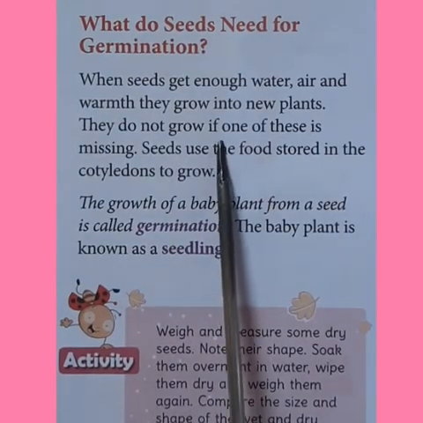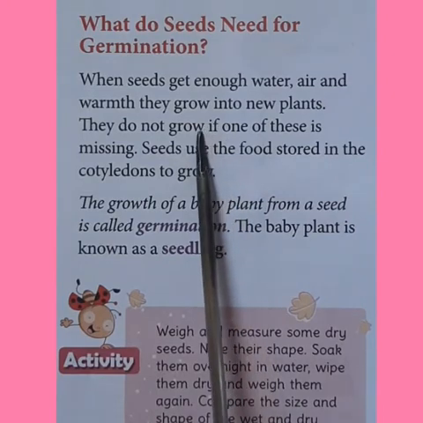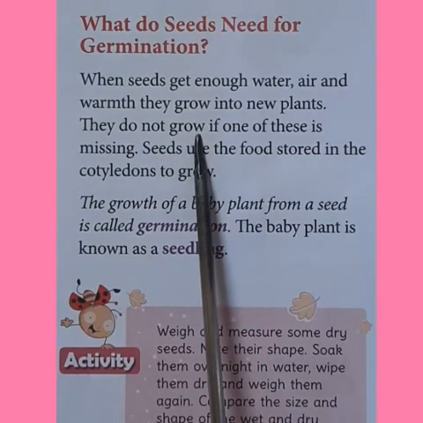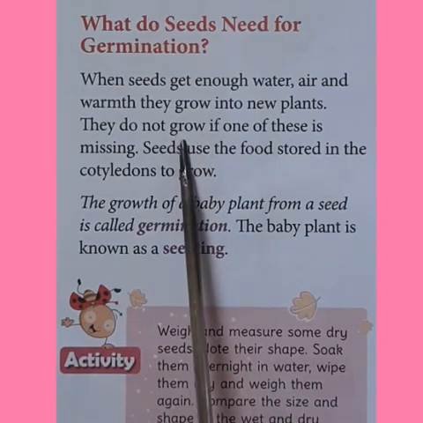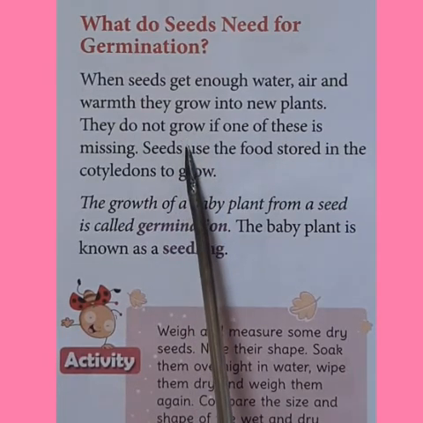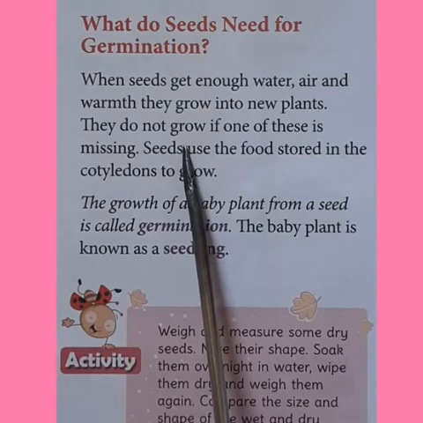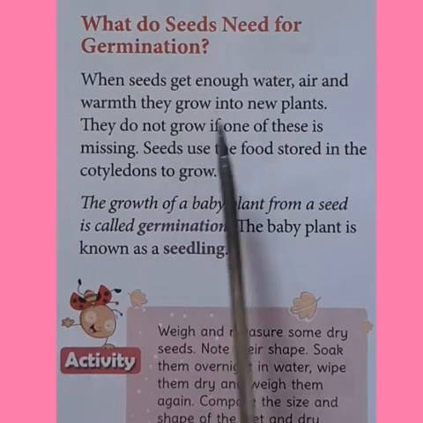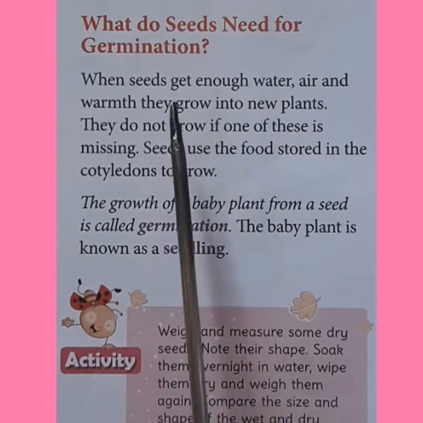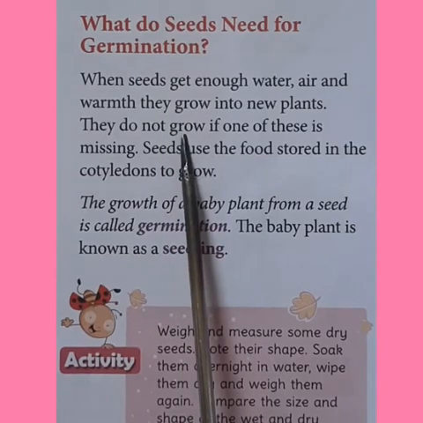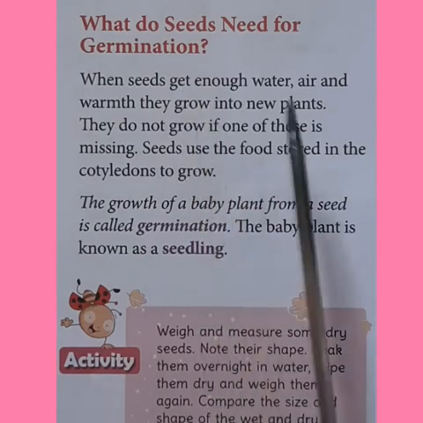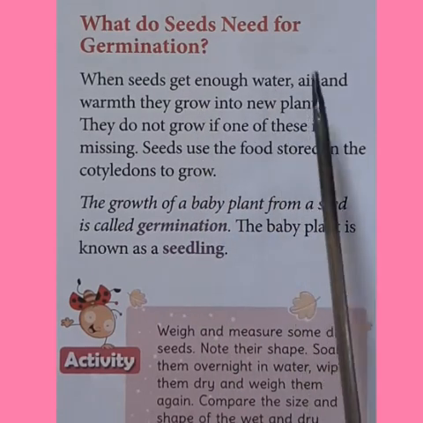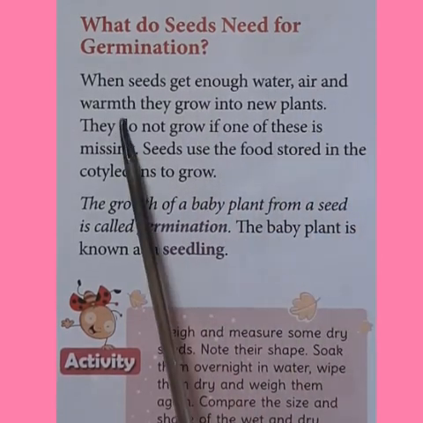Children, do you think if you put the seeds in the soil, will it be able to grow into a new plant? So, what are the conditions necessary for the seed to germinate? For the seeds to germinate or to grow into a baby plant, it needs water, air, and warmth.